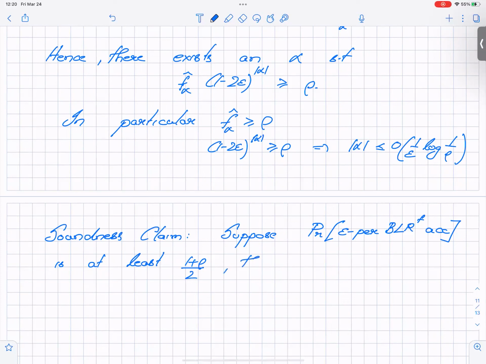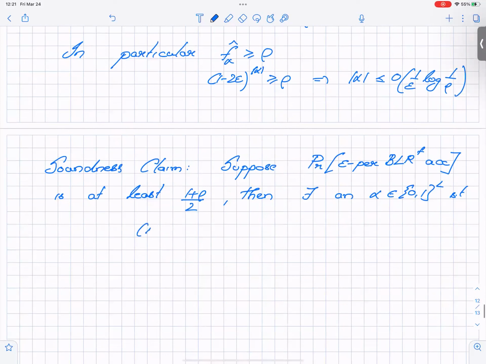Then I won't be able to say it's a dictator, but I will be able to say that there is firstly a large Fourier coefficient, and furthermore, that Fourier coefficient has small support. So it's like a dictator in that sense. There exists an alpha in {0,1}^L such that both conditions are satisfied.